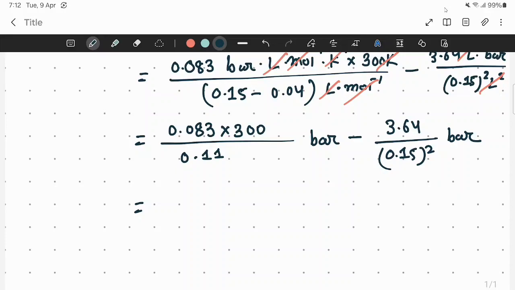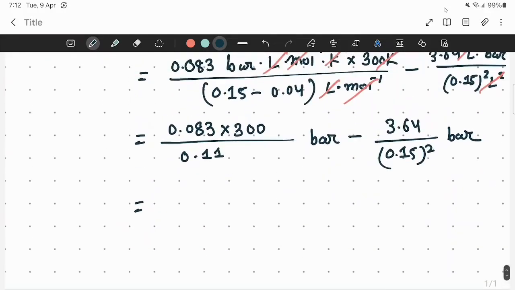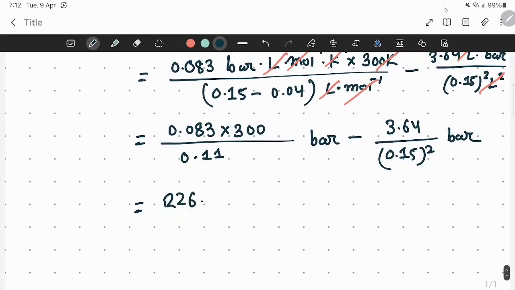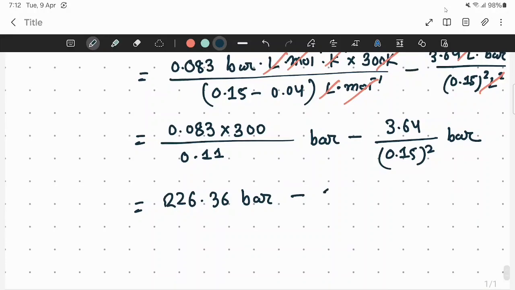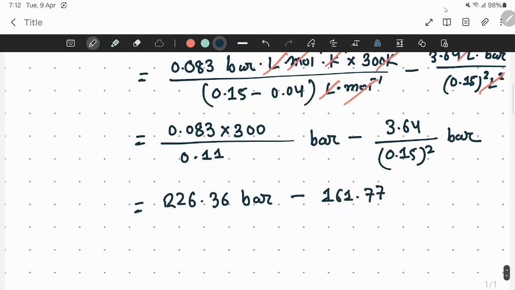Divided by 0.11 is 226.36 bar, minus 3.64 divided by 0.15 square, which is 161.77 bar.